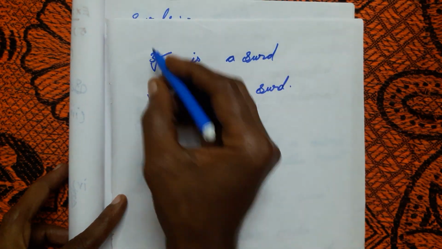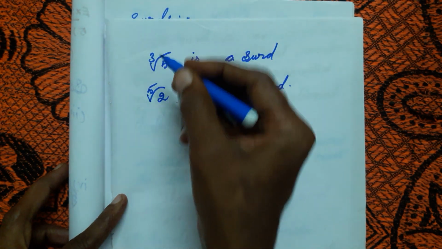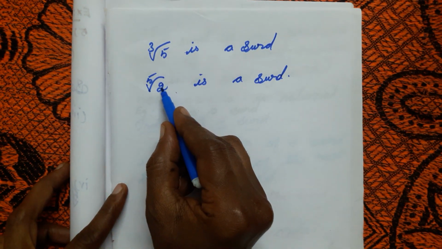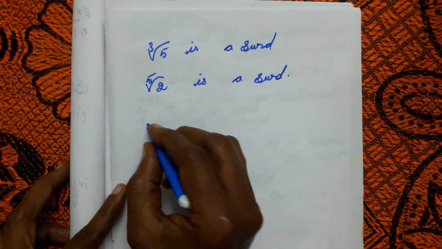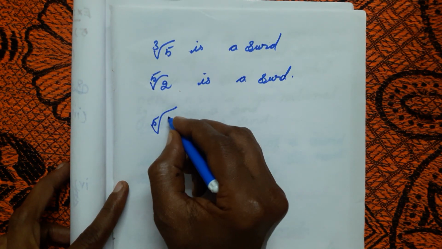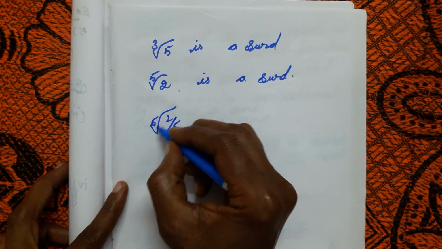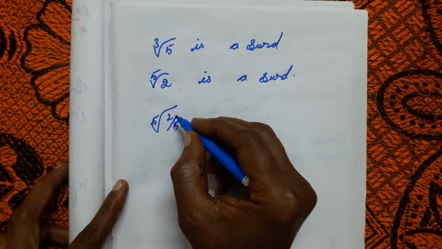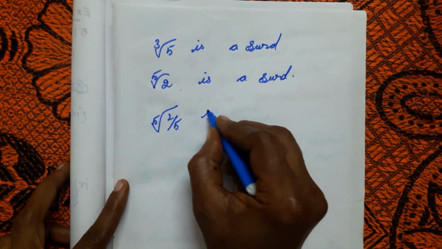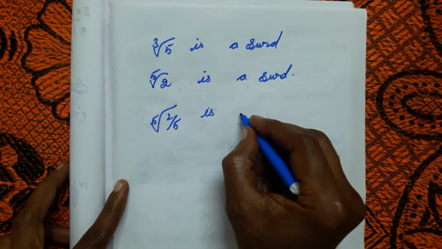Here the index is a natural number, and here we have to write a rational number. Another example: fifth root of 2 by 5. Here 5 is a natural number and 2 by 5 is a rational number.